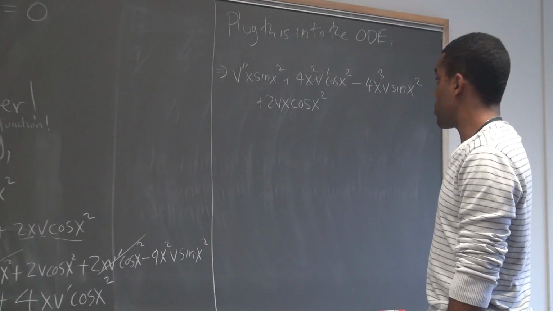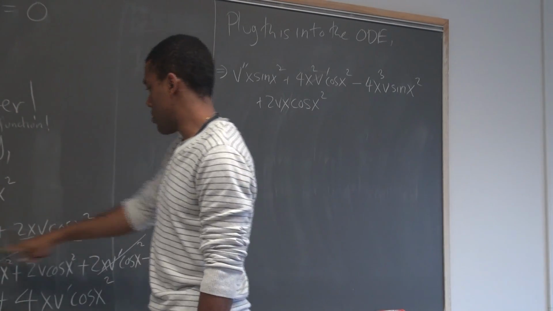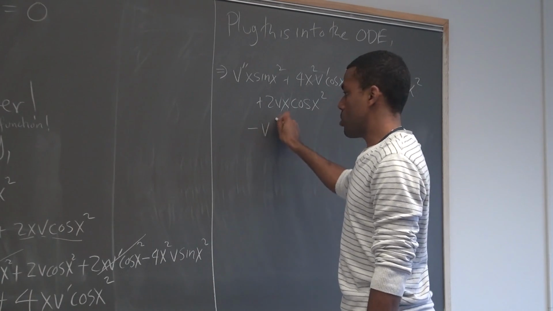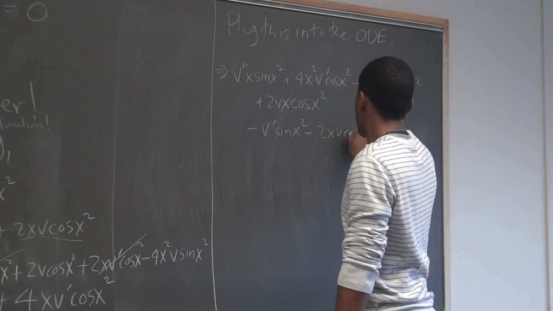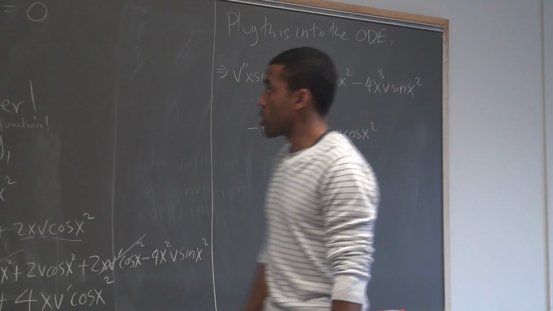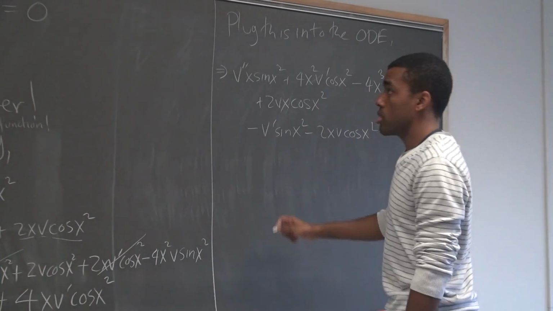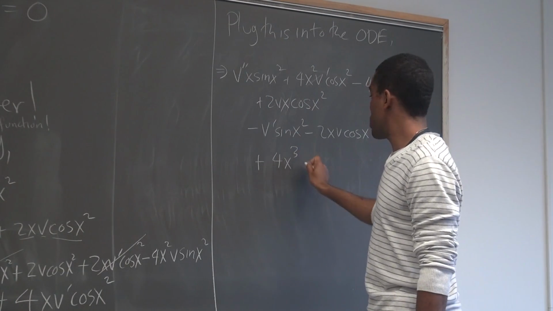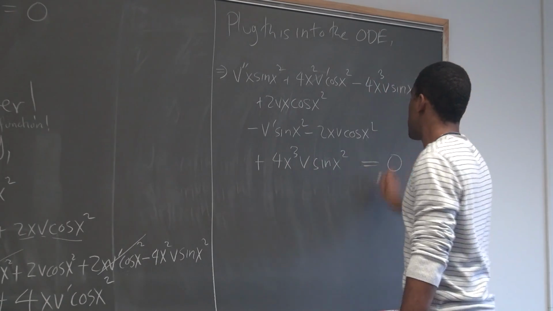Okay, so 1, 2, 3, 4, 1, 2, 3, 4. All right, now we're going to do minus the first derivative, minus v prime sine x squared minus 2x v cosine x squared. Then we're going to take 4x cubed times the y. So this would be plus 4x cubed v sine x squared. All of that equal to 0.